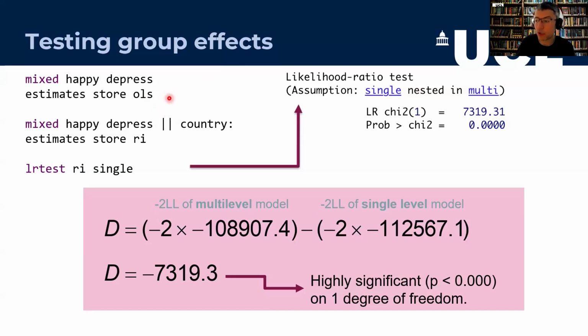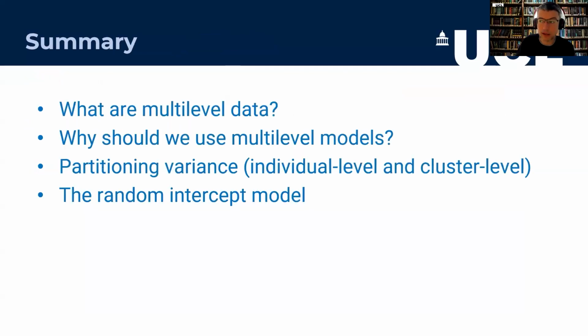And therefore, we should be encouraged to use the model that does account for the structure of the data, and therefore does account for the level 2, country in this case.